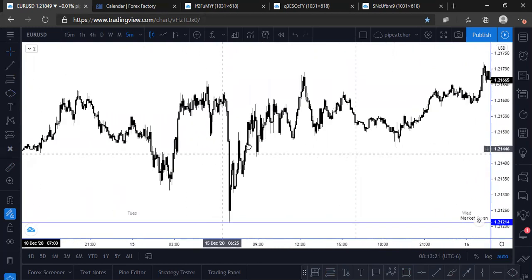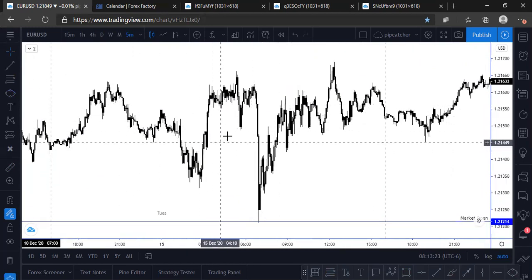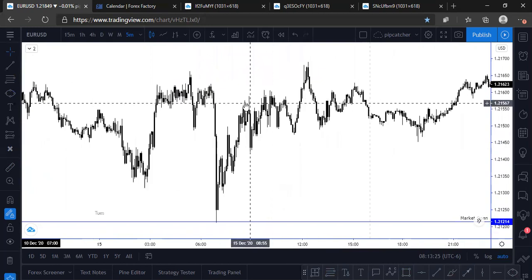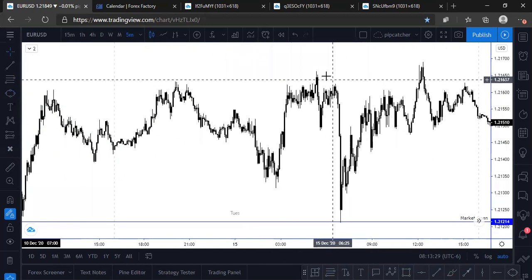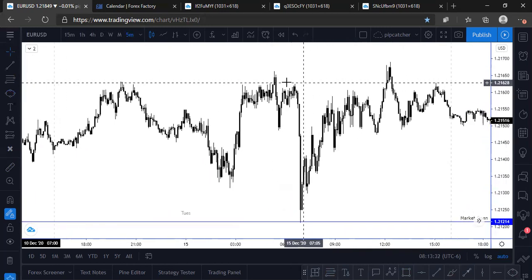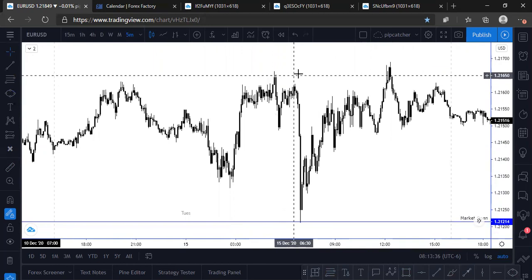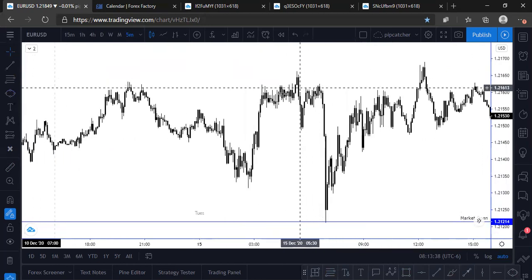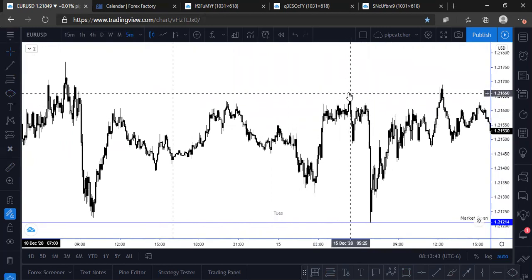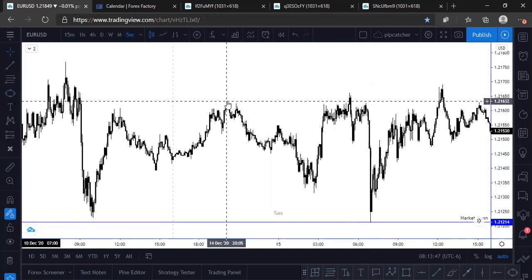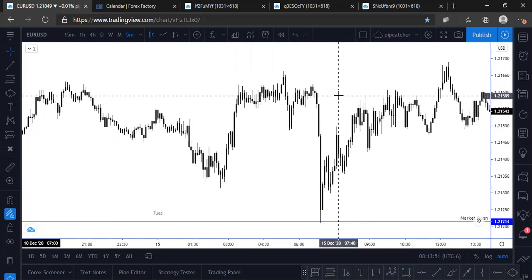Going into Tuesday, right, there's not really too many breaks of structure in terms of what I want to see. But if you look right here, going into New York session, okay, so we had all of Asian session. We came up, we created a new high of that session so far, capturing this liquidity to the upside. And look what happens here.